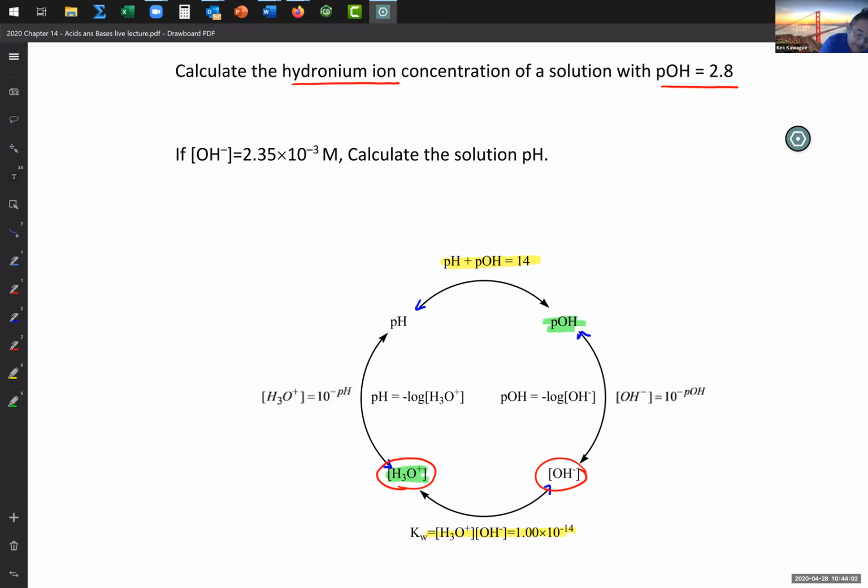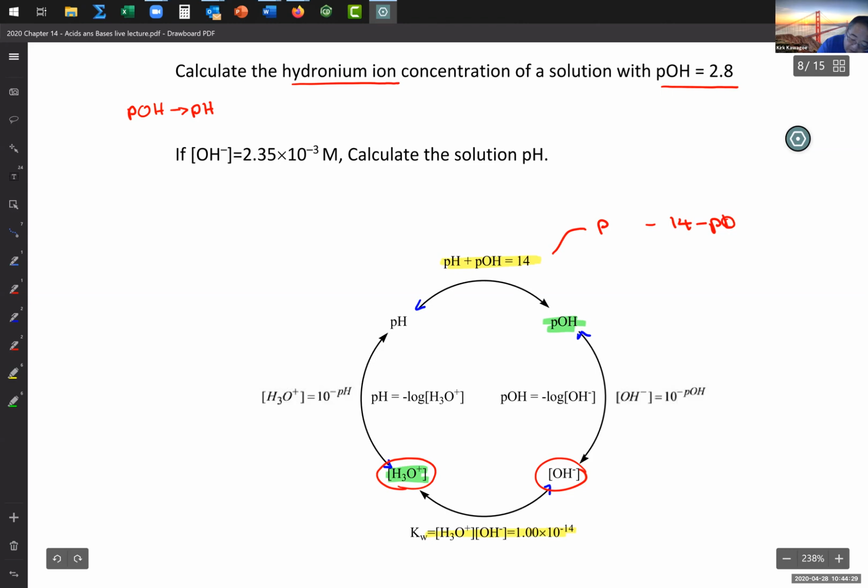So the first step is this one, pOH to pH. And the relationship is this one, which then I rearrange. pOH is equal to 14 minus the pH. Oh, sorry, I want pH.